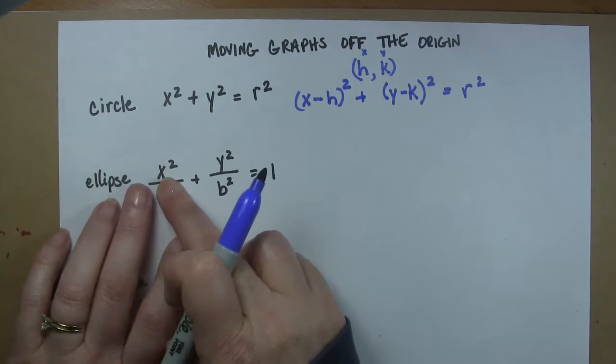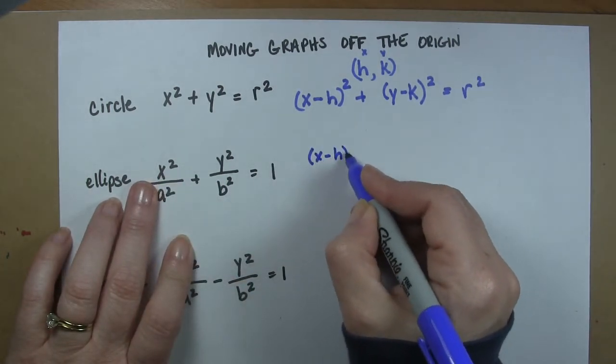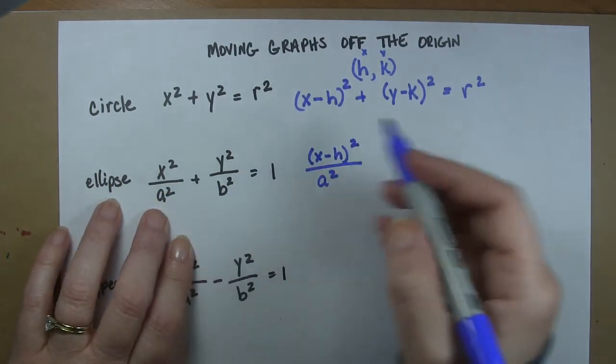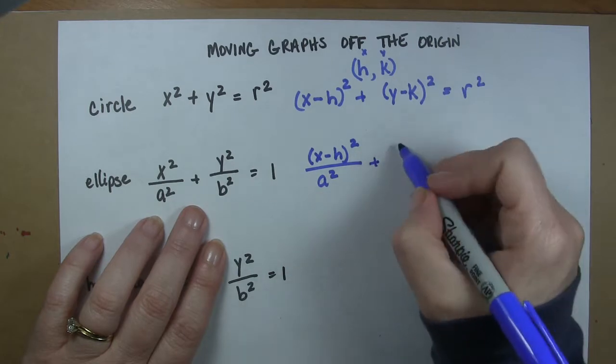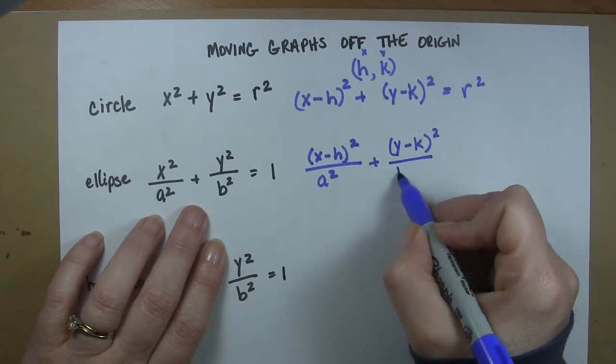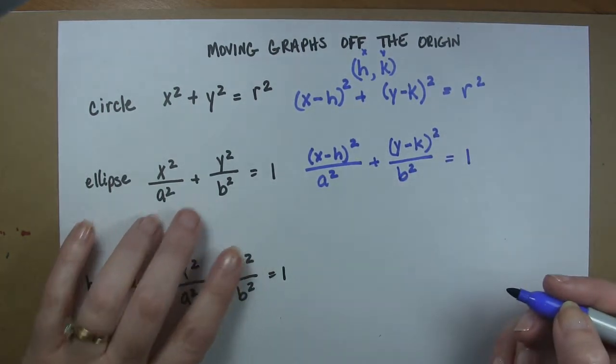The equation for the ellipse is the same thing. Instead of x, we do x minus h quantity squared, still over a squared, so that doesn't change, plus y minus k quantity squared, still over b squared, that doesn't change, equals 1.